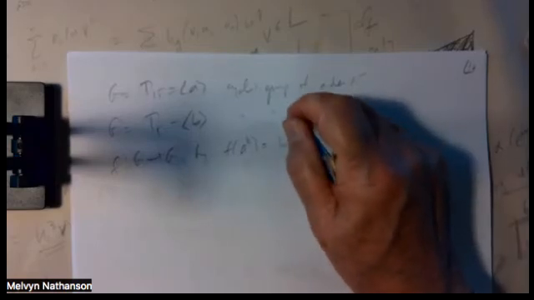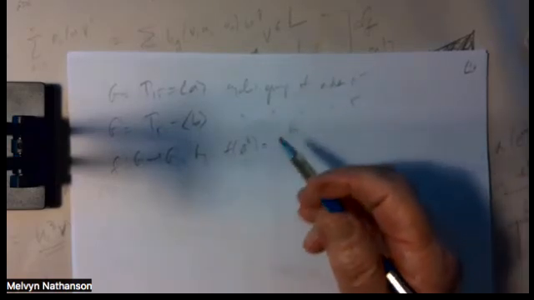Actually, I'll just make it easier. a to the power k gets mapped to b to the power k. So we want to ask, is f well defined?